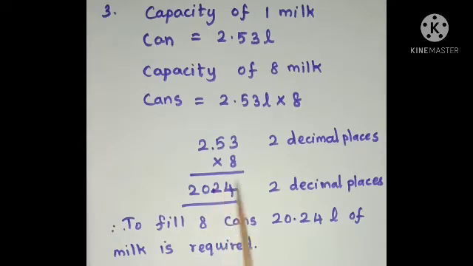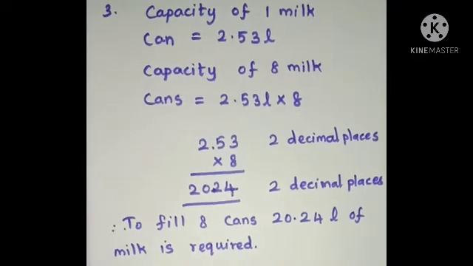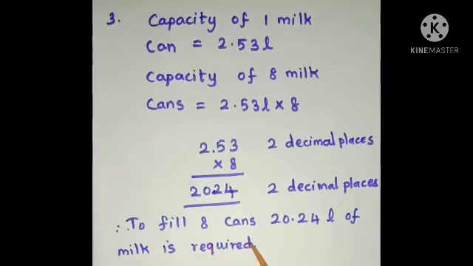And note that there are 2 decimal places in the required value. After the decimal point, there are 2 digits. To fill 8 cans, 20.24 liters of milk is required, which is the required value.